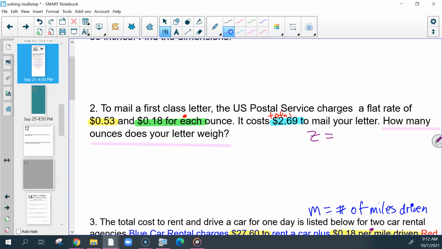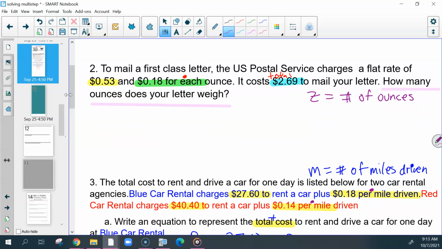I'm going to use Z, and Z is going to be the number of ounces. You could also swear up and down that you won't confuse it, but I've seen it happen, so keep that in mind.